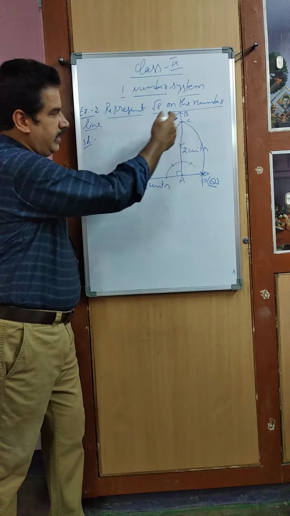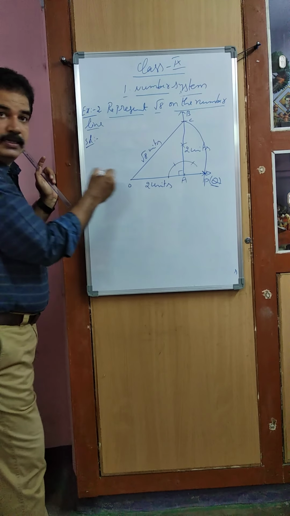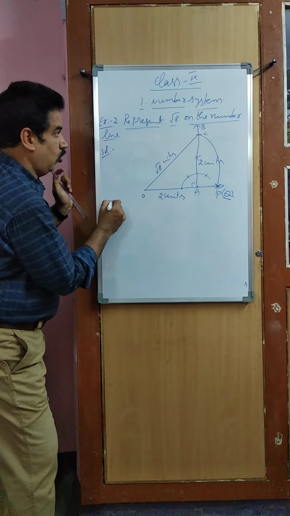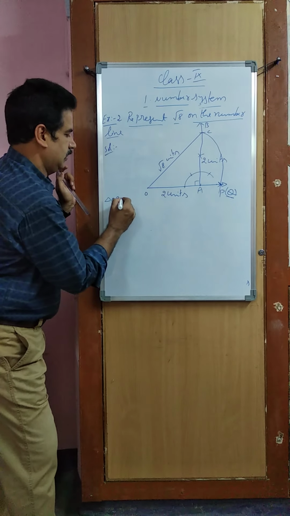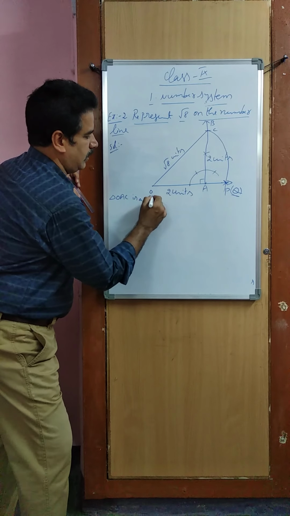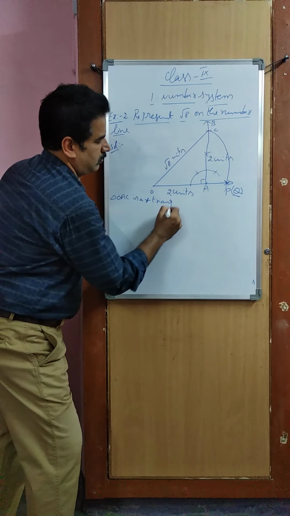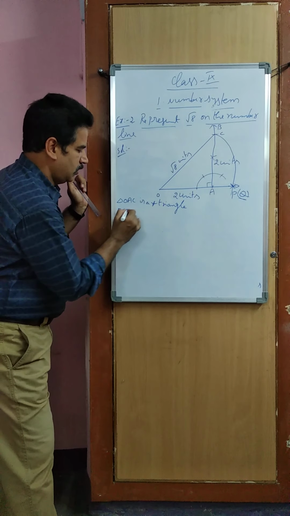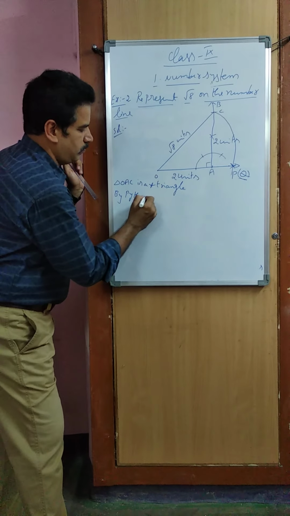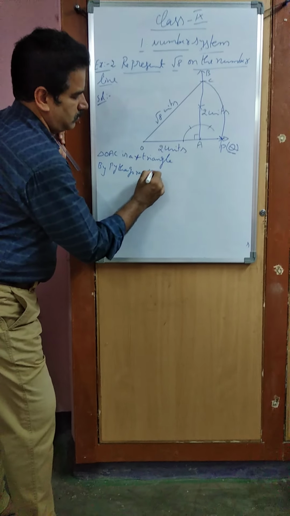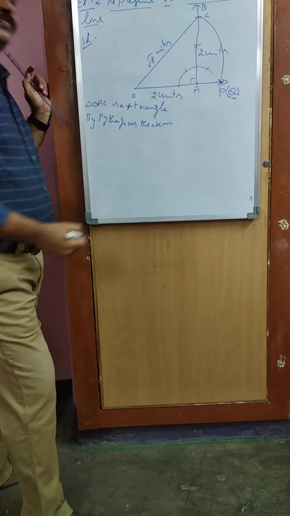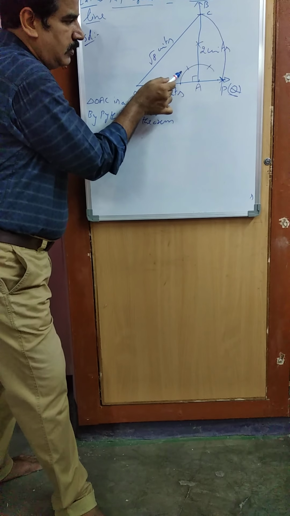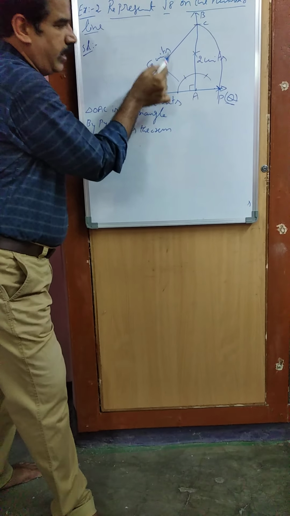Now how did you get root 8? This is the explanation part. Triangle OAC is a right triangle like the previous one. Right triangle means immediately you have to remember Pythagoras theorem. By Pythagoras theorem, the side opposite to the right angle is called the hypotenuse.